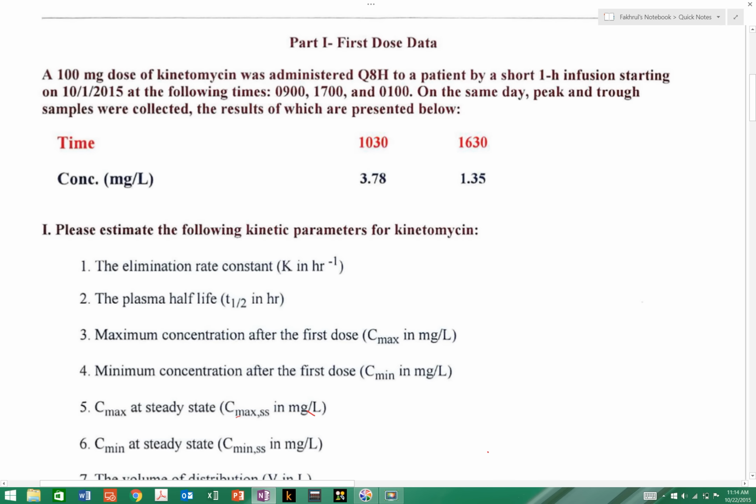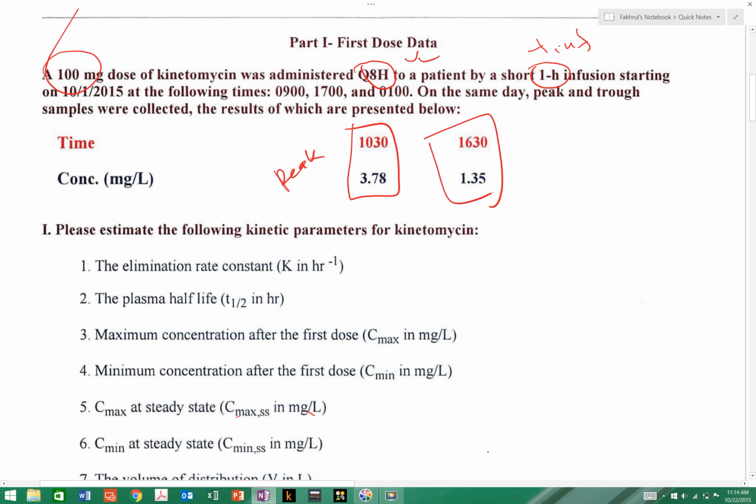Like, 100 milligram dose of kinetomycin was administered. So we know this would be tau, this would be T infusion, and this is your dose. And also you identify the dosing interval. This would be your peak sample, and this would be your trough sample.